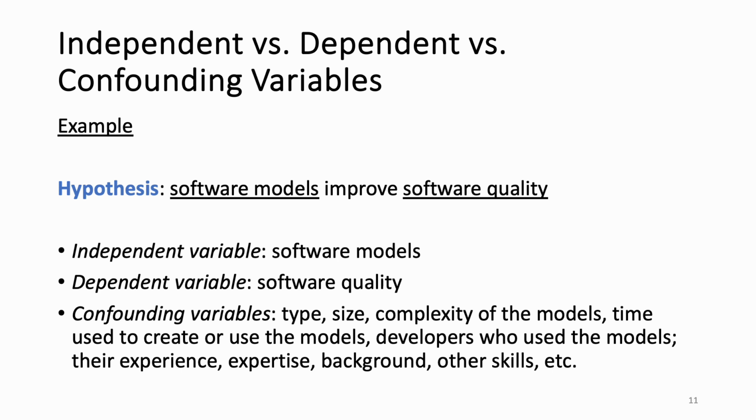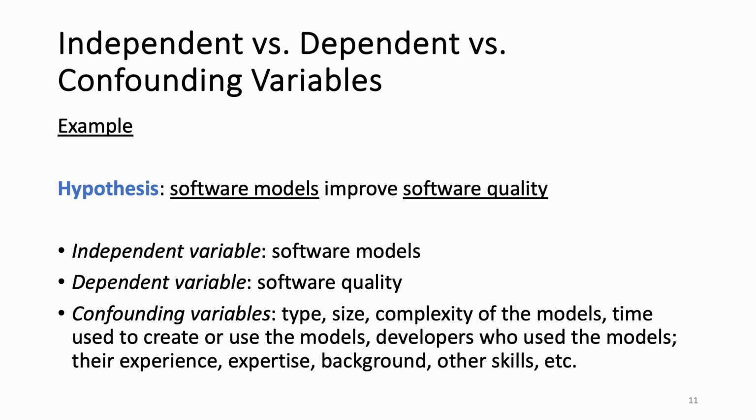So imagine that we have this hypothesis. The hypothesis states that software models improve software quality. So this claim says that if you use software models during software development, then these software models will improve the quality of the software that you are going to produce.